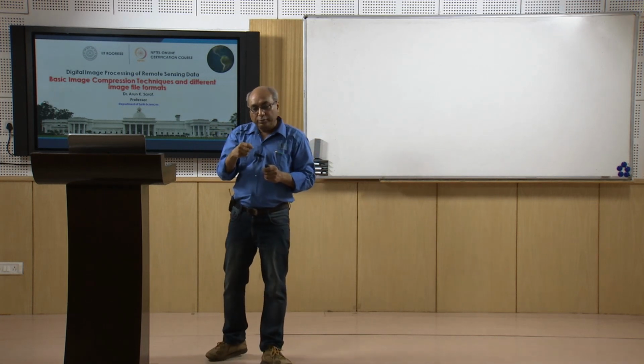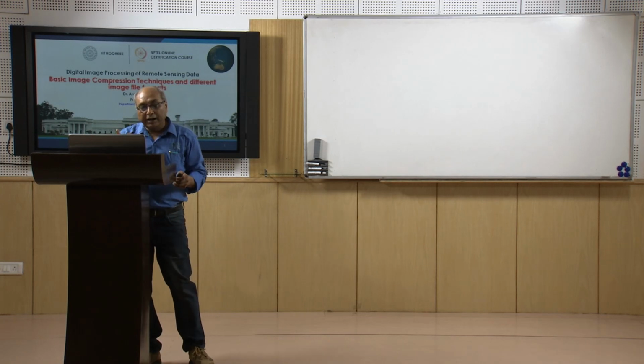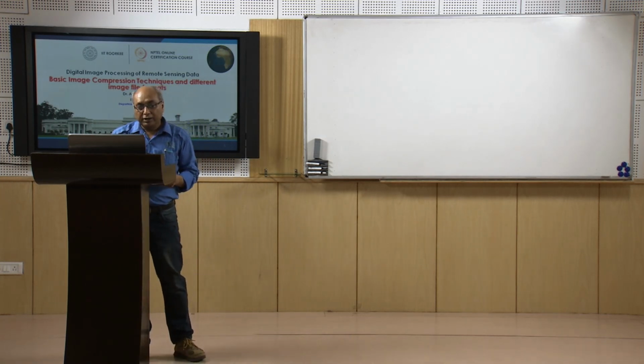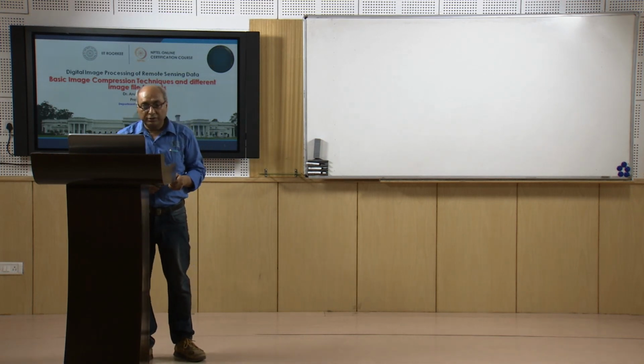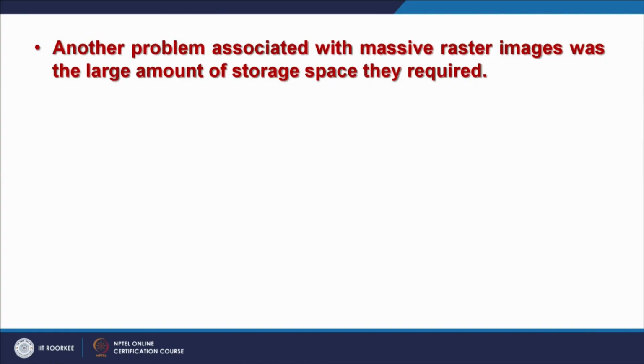So as we keep zooming, we are going higher and higher in that kind of pyramid, and we are seeing multi-resolution images coming, and they have all been put in this MrSID format.